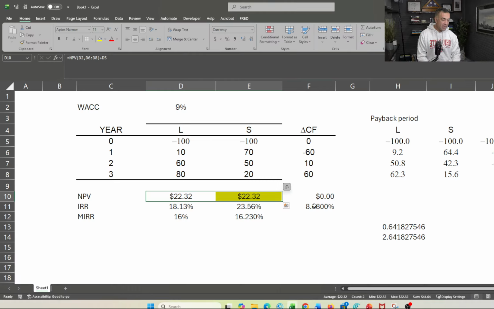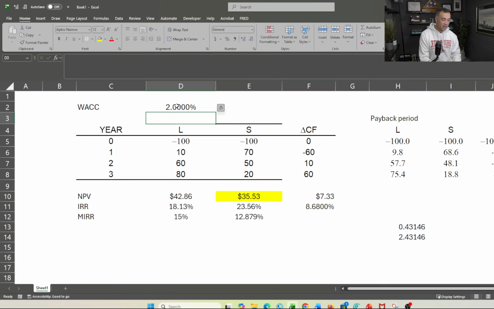I'm going to show you what I mean by this. If the WACC is 2% below this, look what project becomes better. Project L is better. However, if the WACC is at that crossover rate, they are equal with each other.